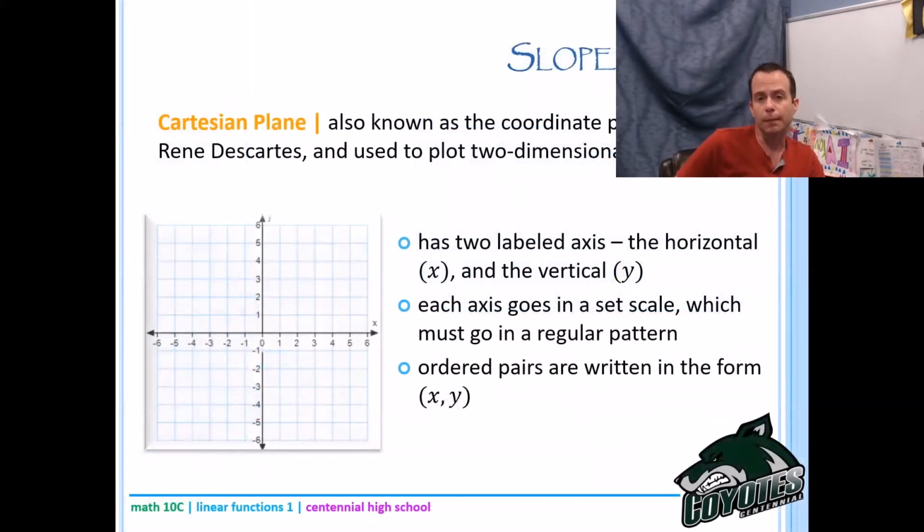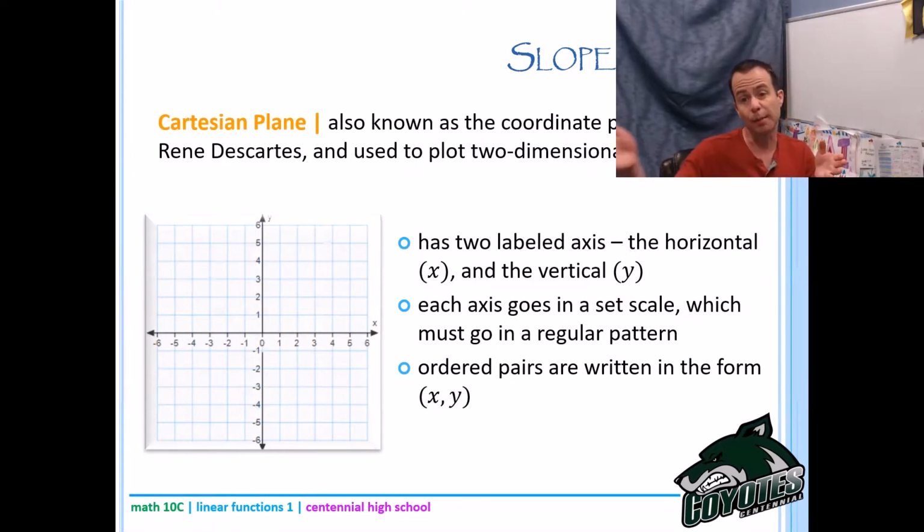So, Cartesian plane, first of all, quick little review, also known as the coordinate plane. It's created by René Descartes and used to plot two-dimensional data. So you'll see here we have two labeled axes. The horizontal is called the x, so that's this guy here. And then the vertical is called the y, that's this guy here. Each axis goes in a set scale. Now the scale doesn't have to be the same for x and y.